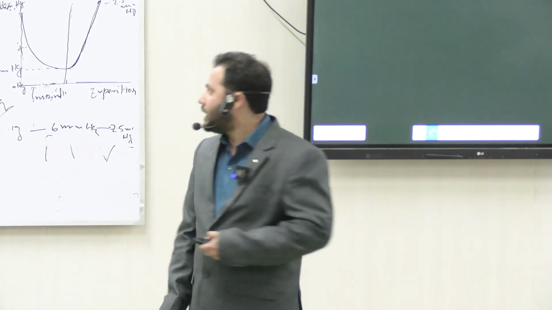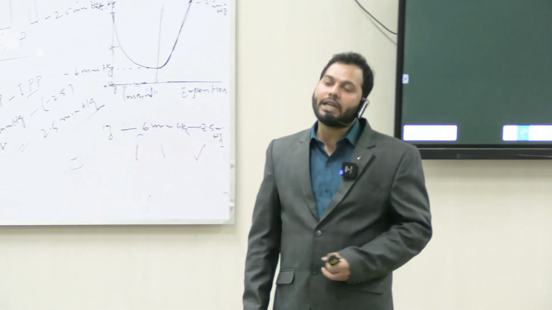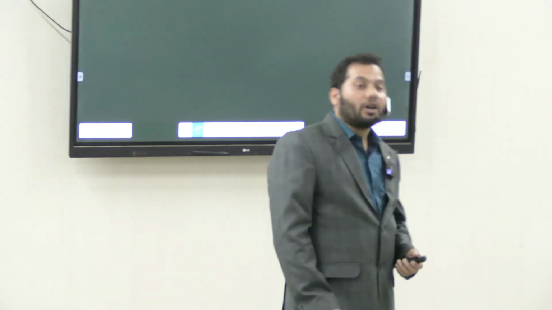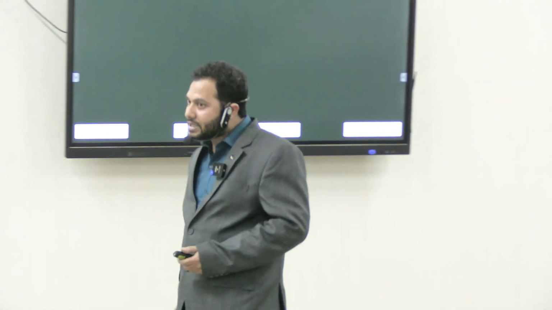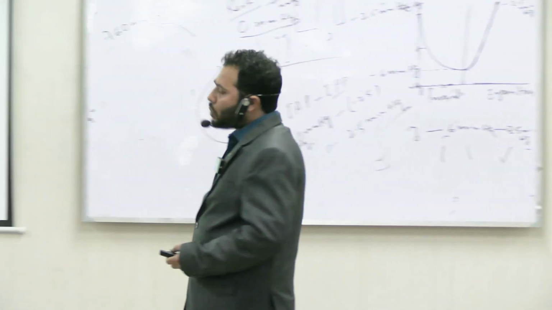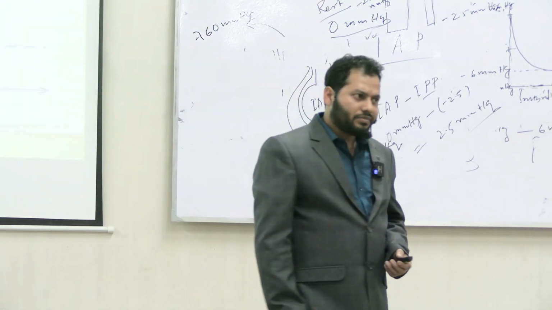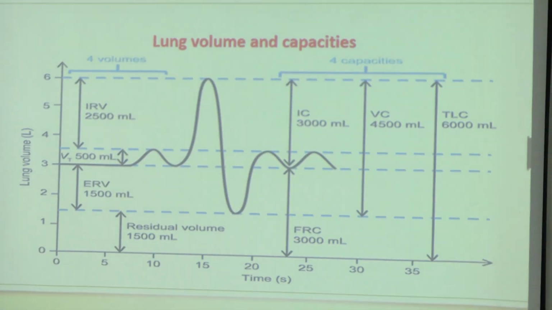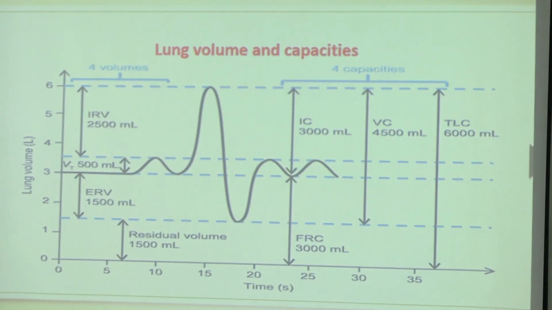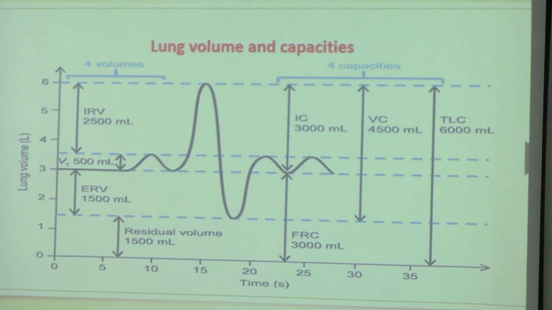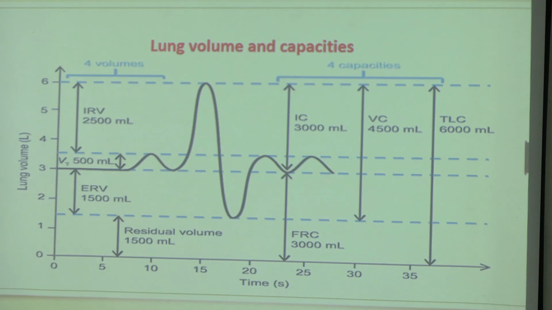So now I'll discuss the different types of lung volumes and capacities, and what the normal lung volumes and capacities are for a healthy subject. Here the total number of lung volumes is 4. These are tidal volume, inspiratory reserve volume, expiratory reserve volume, and residual volume. Let me explain one by one.